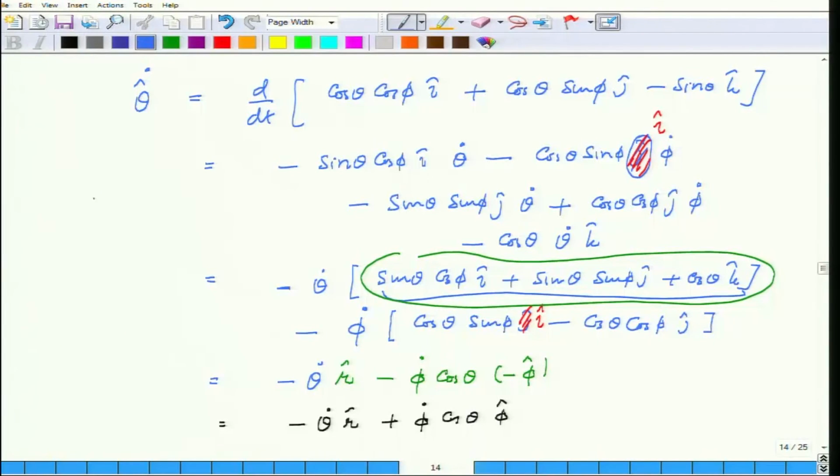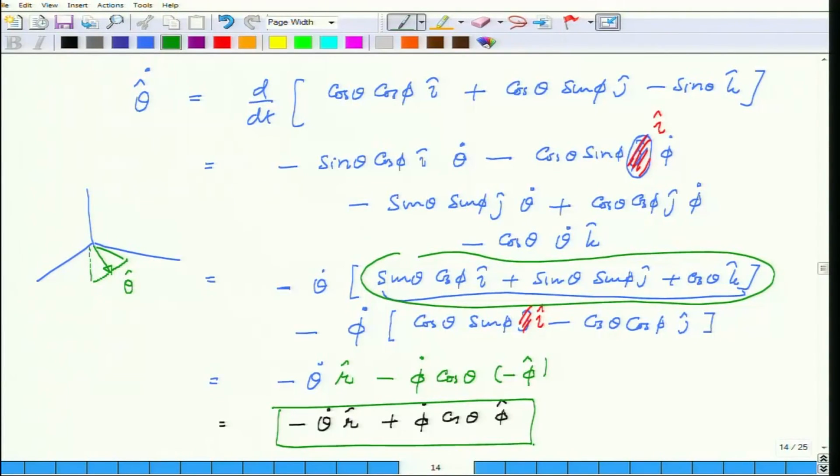Pictorially, if I look at it, this is my theta unit vector. As theta changes, it changes like this, keeping the phi the same. So it has a component in the minus r direction, and if phi changes, it moves like this. So it has a component in the positive phi direction, and this is what this expression reflects.